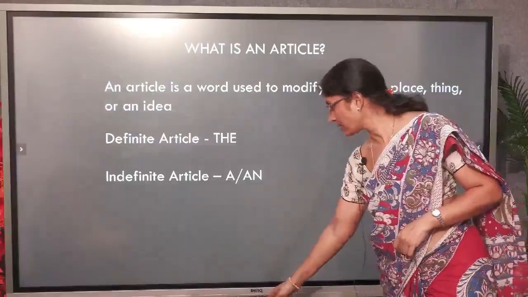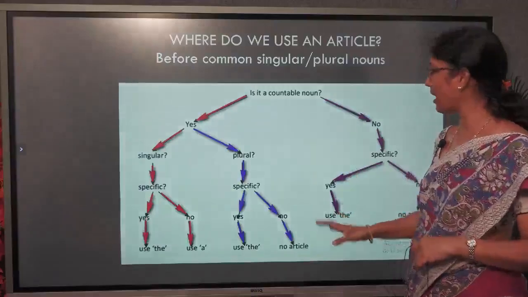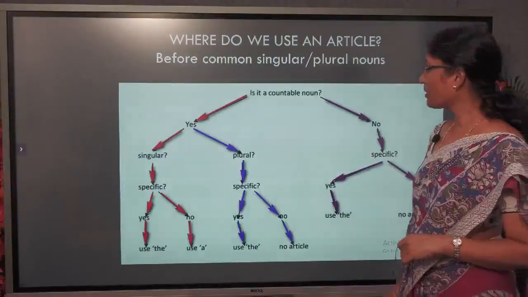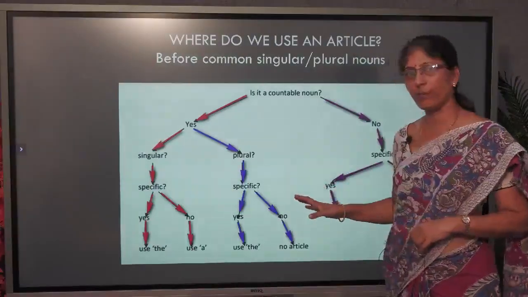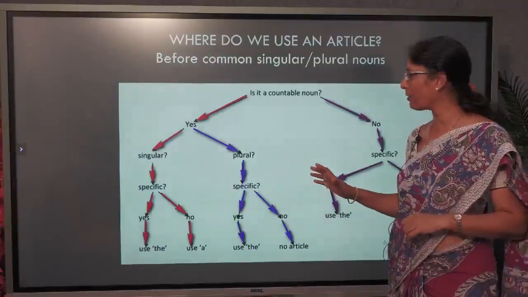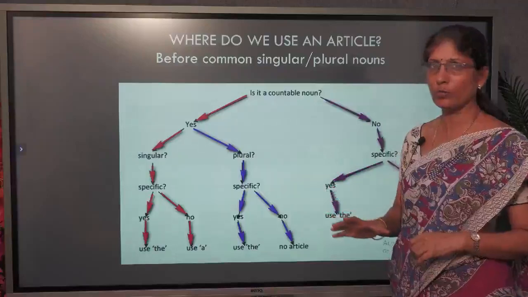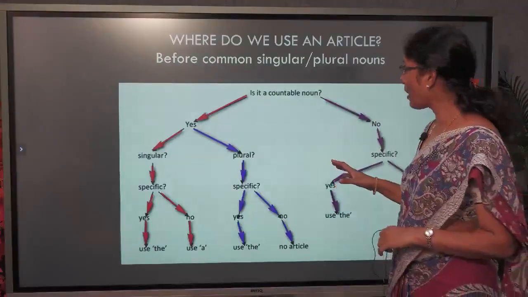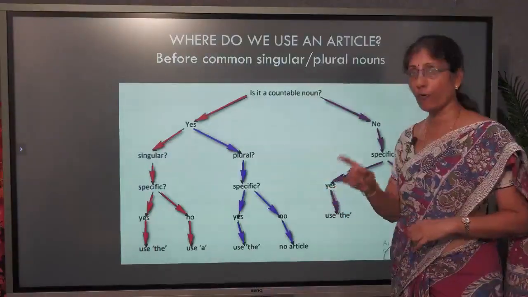All right, just have a look at this figure. It will help you to form a logic of where and which article can be used. You know that articles are placed before a noun.